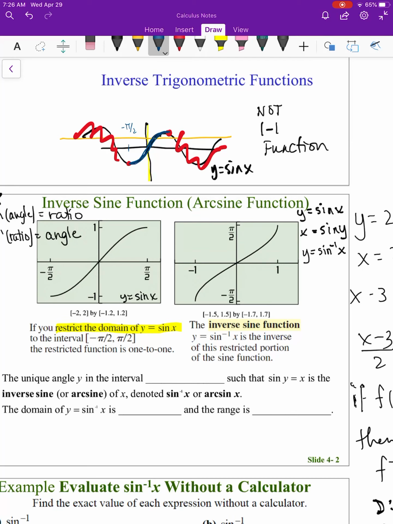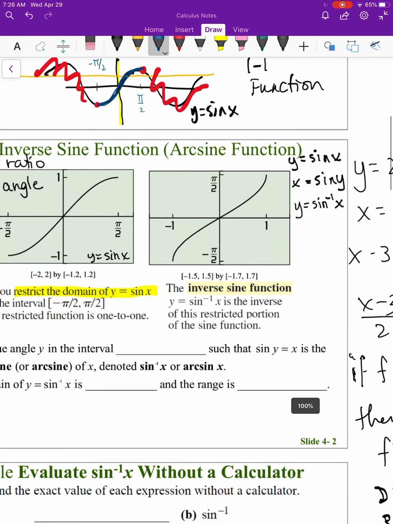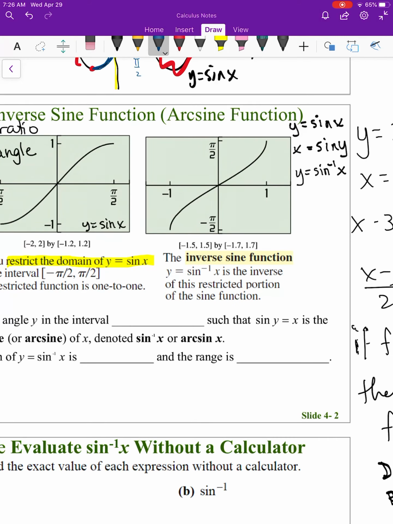So that's why you can only look at it from negative pi over 2 to positive pi over 2 when you're looking at the inverse function. So this one on this side is the inverse sine.